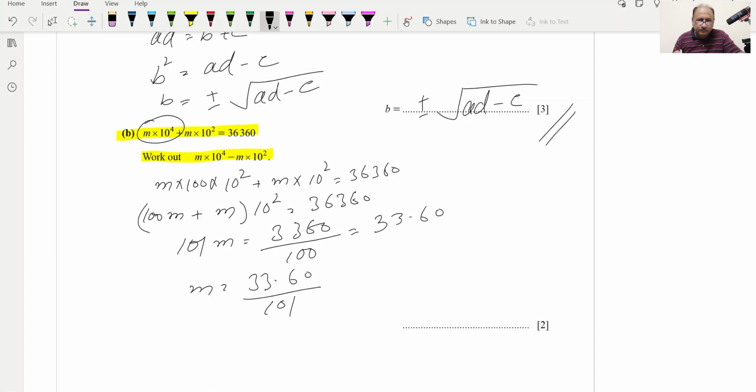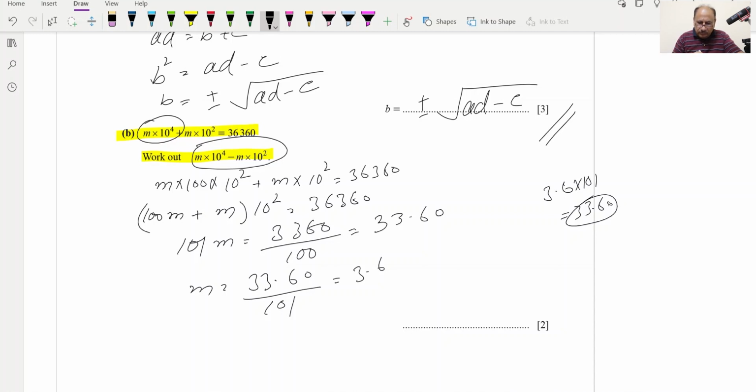So we can divide this one, and if we multiply 3.6 by 101, we will get 363.60, so this is equal to 3.6. Now this value m is equal to 3.6 we will use to work out this one.